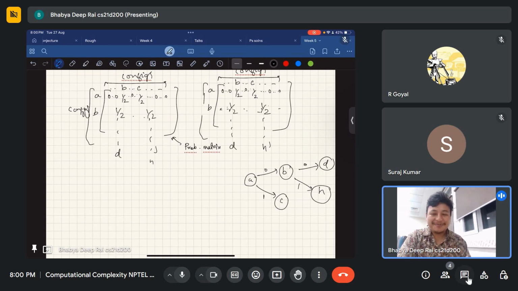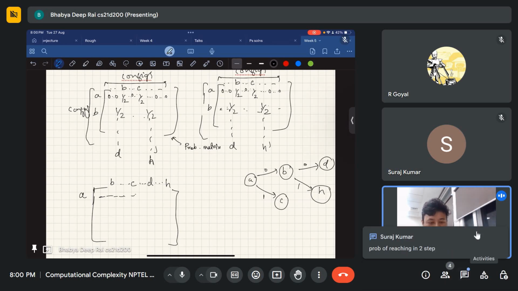So what happens when I multiply it? Think about the reachability thing, what we did before. On A, I have B, C, and then D, H. What do I get in D? And what do I get in H? What happens to the entries in D and H?